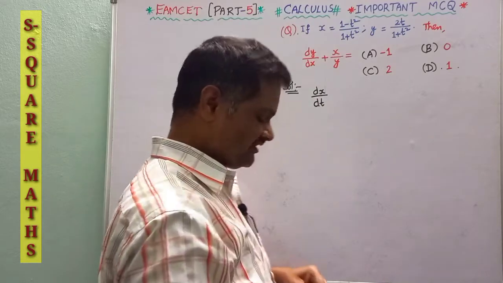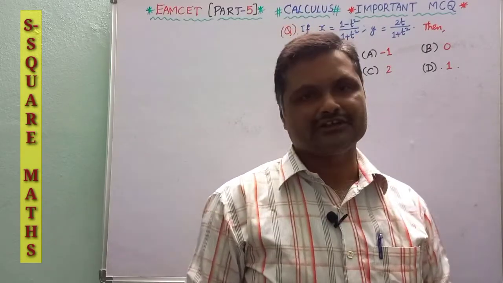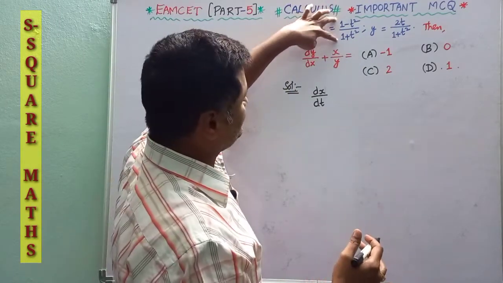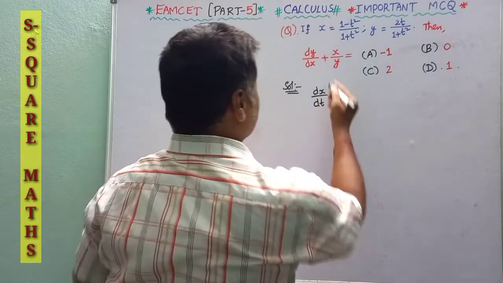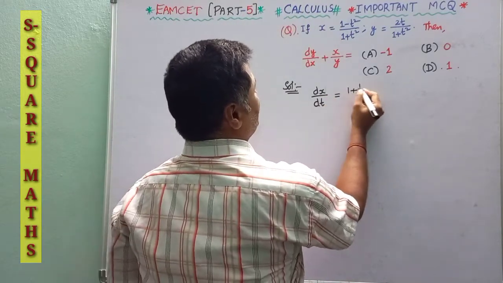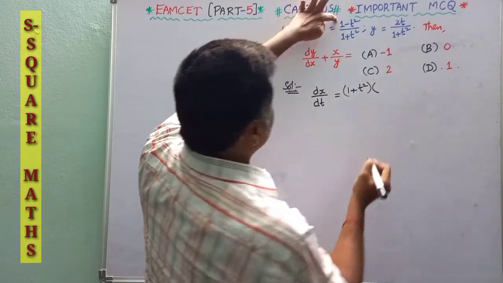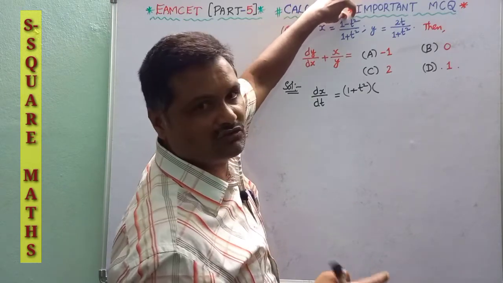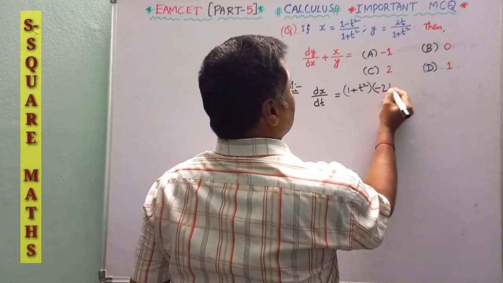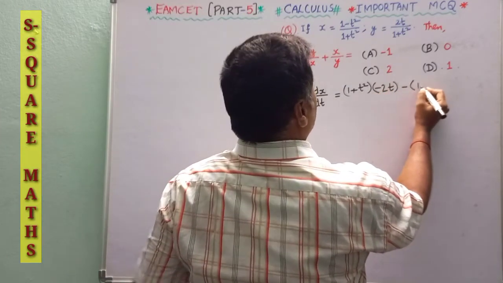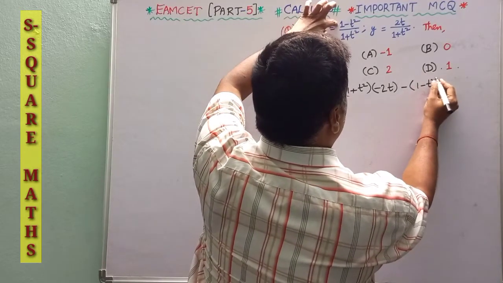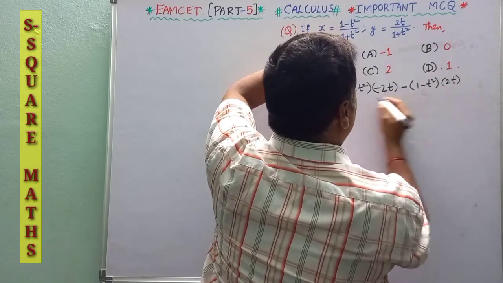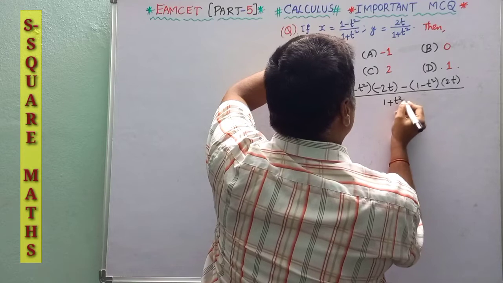Since it is a competitive examination, I am going through the direct steps. Please follow carefully. If you observe, it is u by v, so here we operate the quotient formula. dx by dt is nothing but (1 plus t square) into the derivative of (1 minus t square), which is 0 minus 2t, minus (1 minus t square) into the derivative of (1 plus t square), which is 2t, by (1 plus t square) the whole square.